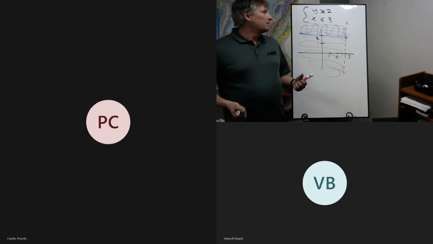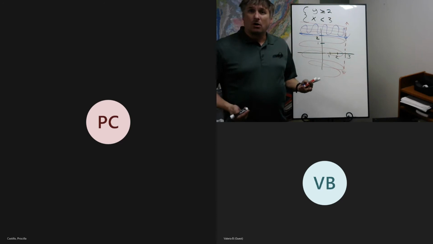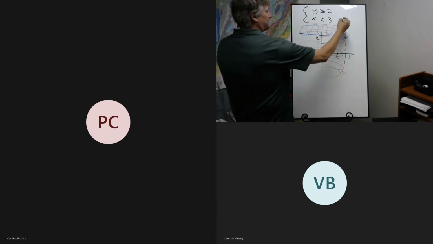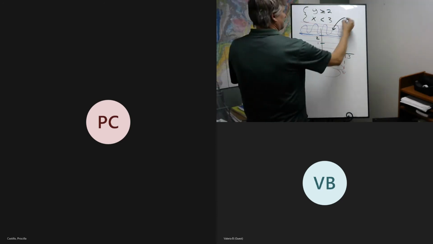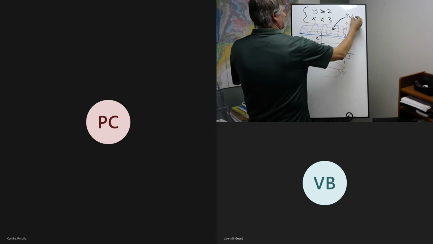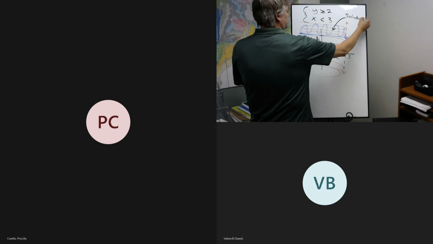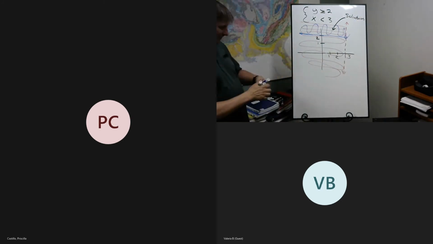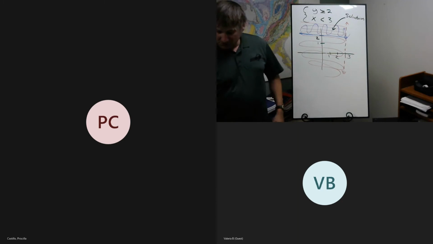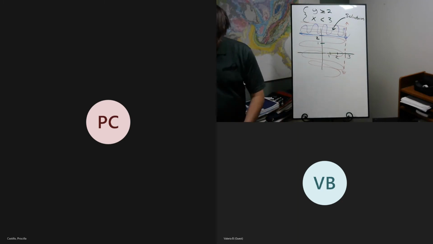So the solution is where these two regions overlap. So that's the solution to the system of inequalities.